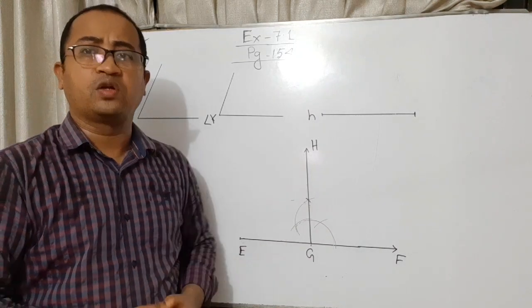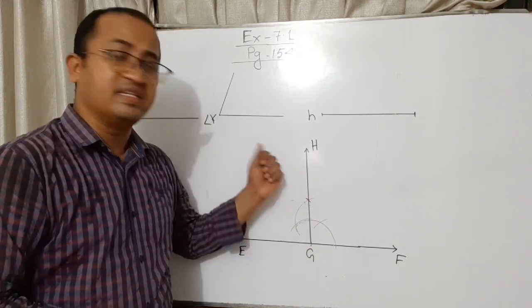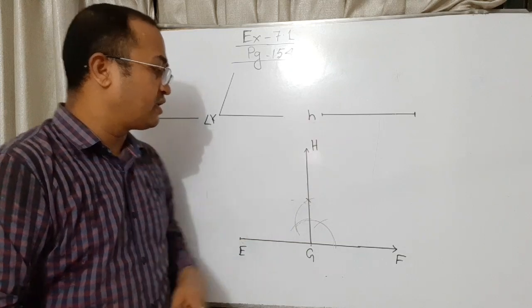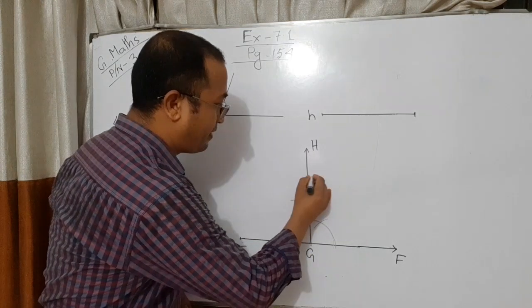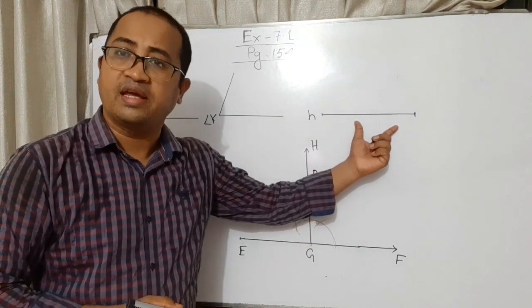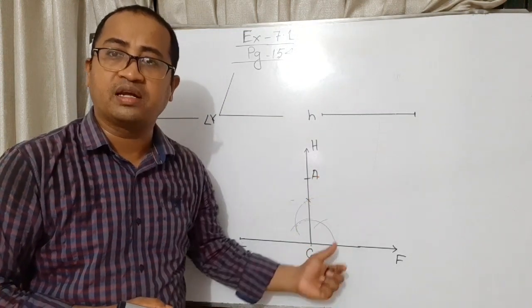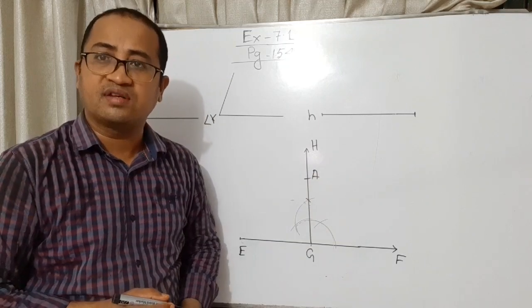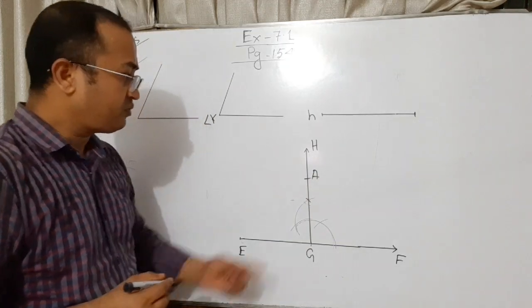Now from the ray GH, we will take GA equal to h. And I think you know how to take a line segment equal to a given line.